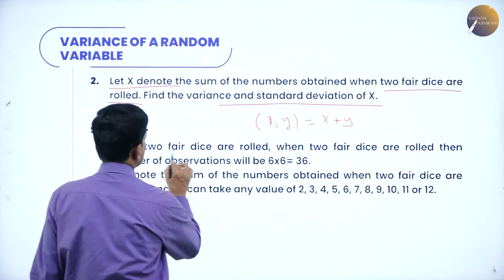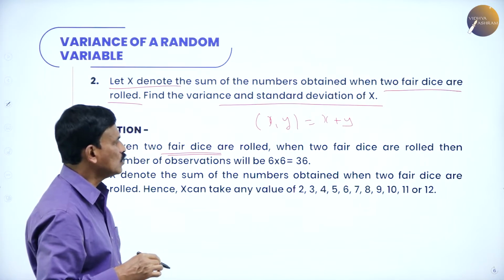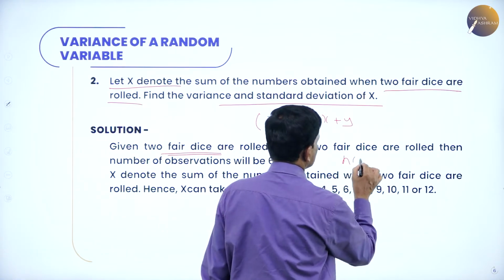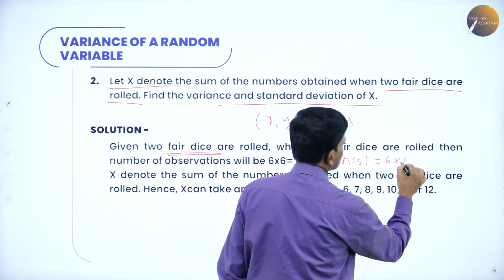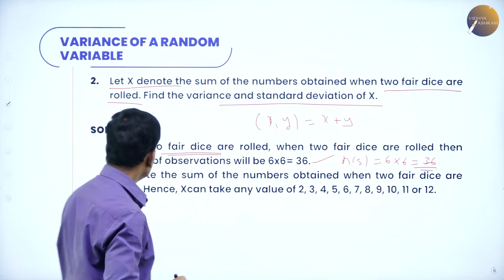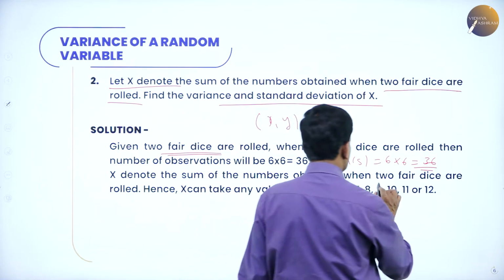Given two fair dice are rolled, the number of observations, n of s, is equal to 6 into 6, that's equal to 36. So we'll have 36 events. X denotes the sum of the numbers obtained when two fair dice are rolled.